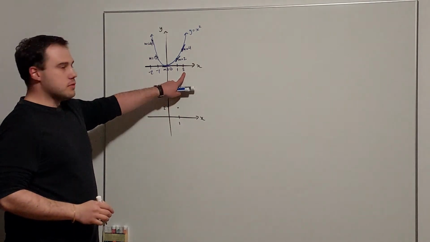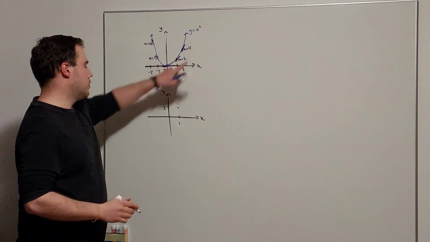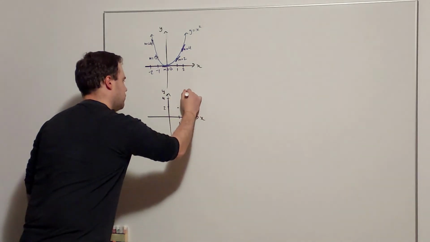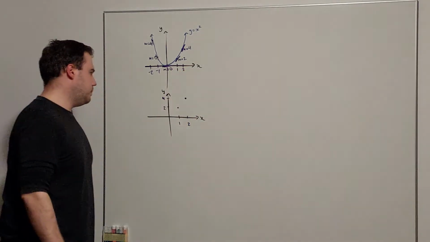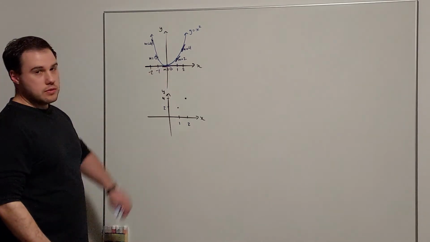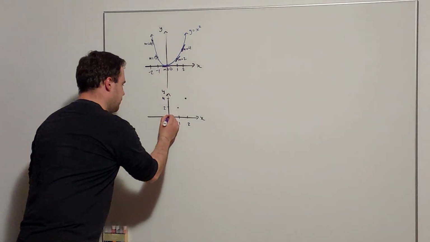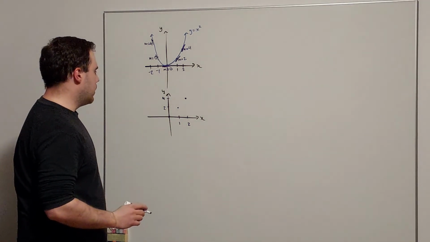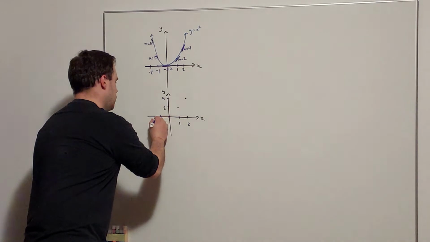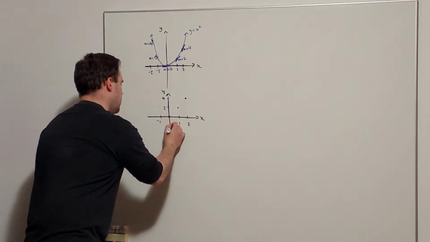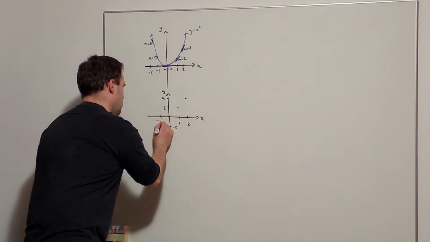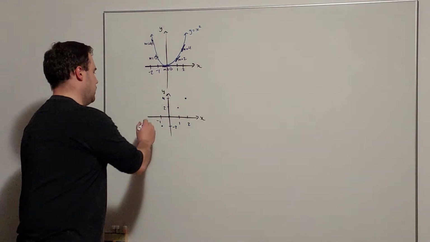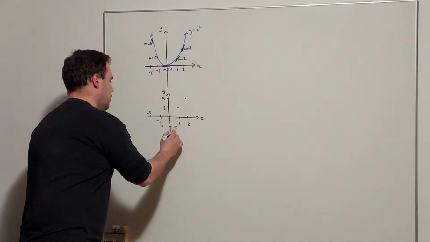When x equals 2, the gradient is 4. When x equals 0, the gradient is 0. When x equals -1, the gradient is -2. And when x was -2, the gradient was -4.